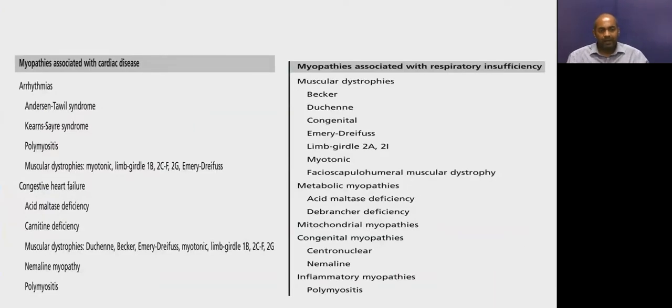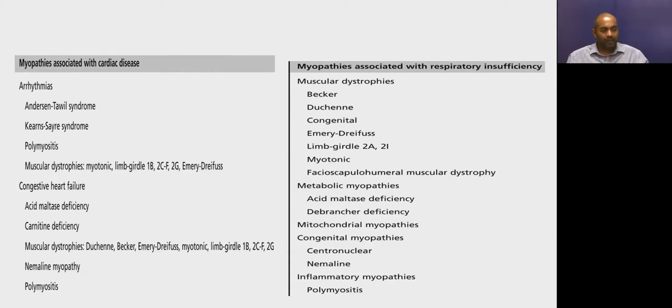Cardiac symptoms can be in the form of arrhythmias, like in channelopathies such as Anderson-Tawil syndrome and Kearns-Sayre syndrome, and some can present with congestive heart failure, like acid maltase deficiency, carnitine deficiency, and various muscular dystrophies like Duchenne dystrophy and Becker dystrophy.